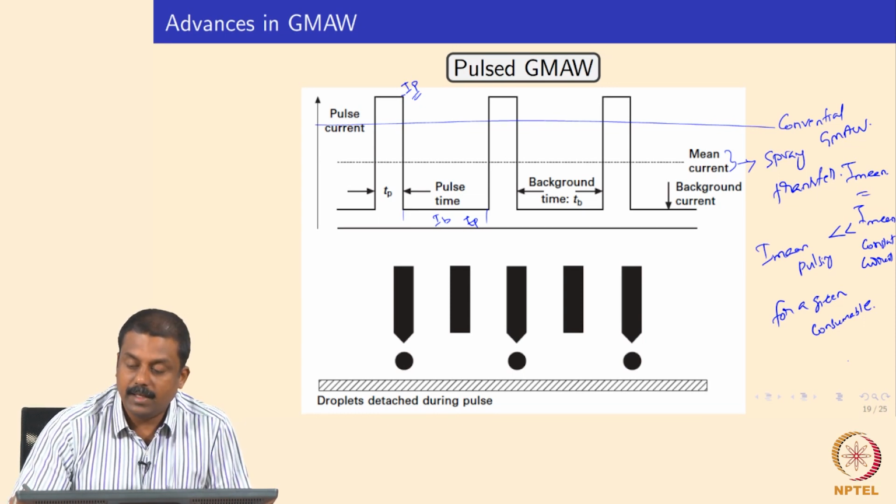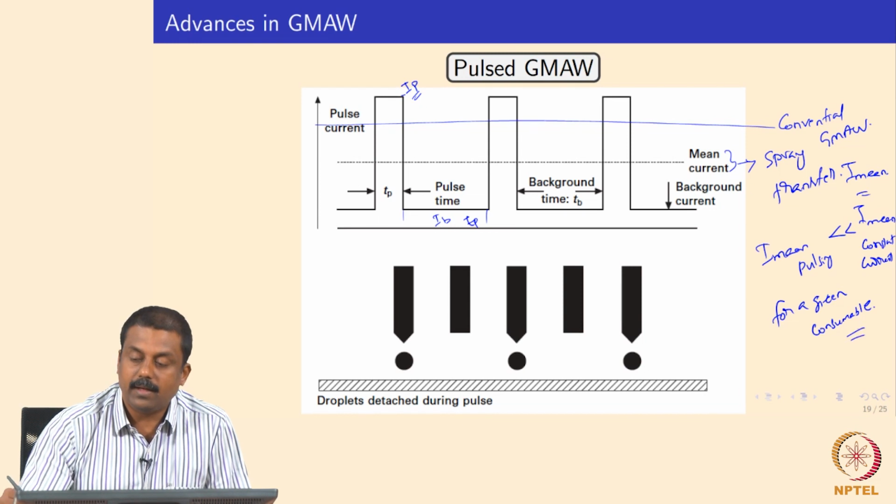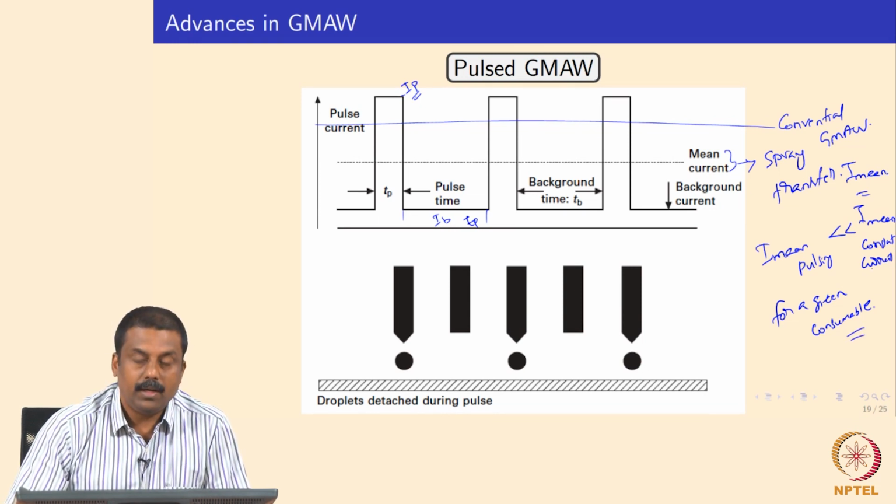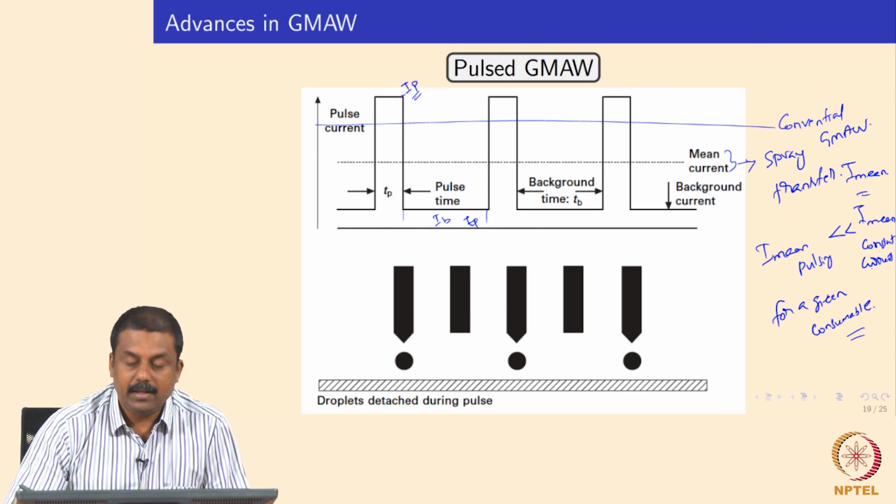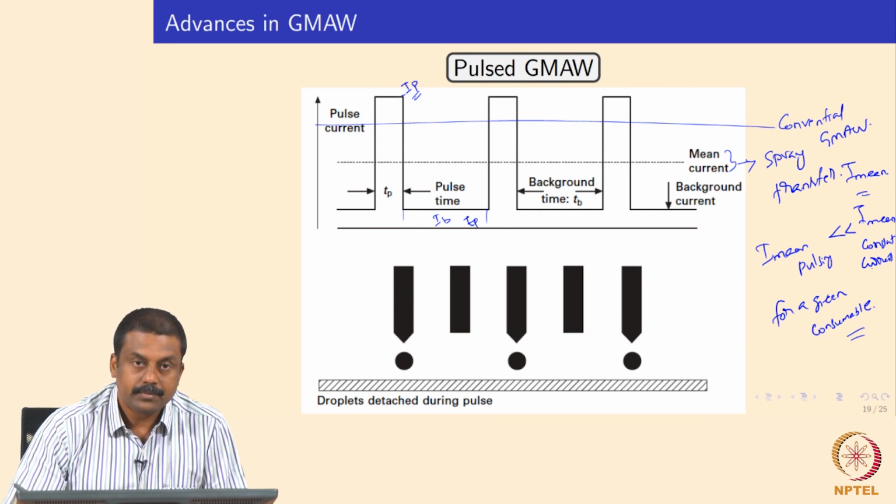So in this case we can also control the heat input, because the I mean decreases significantly, and therefore you can also reduce the damage done to the heat affected zone microstructure, and of course you can also reduce the dilution.